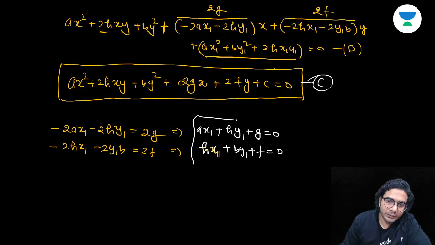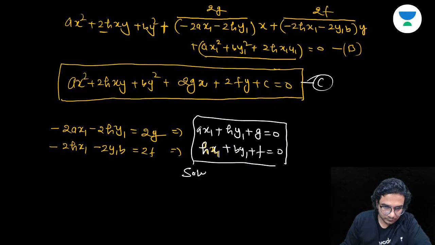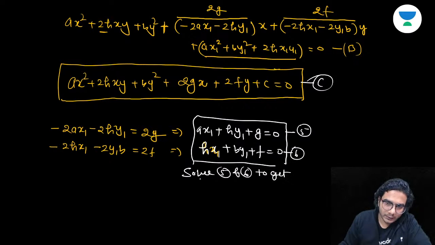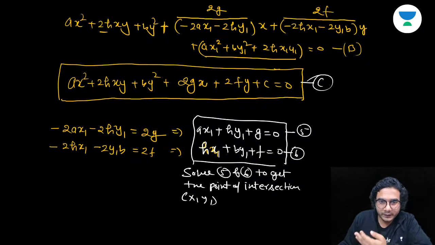If you solve these two relations, number 5 and 6, you get the point of intersection x1, y1.